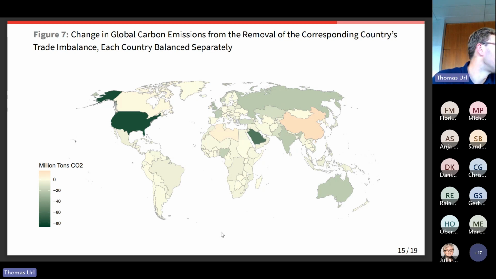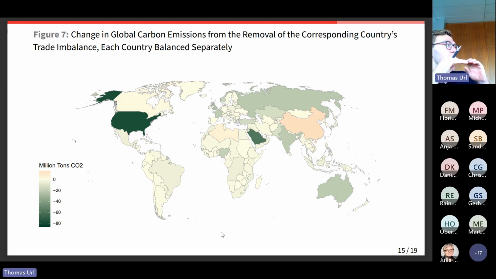Explain what it means to remove the imbalance. Yeah, it means that when the United States has a high deficit, then we set it to zero. We distribute the deficit among the others.